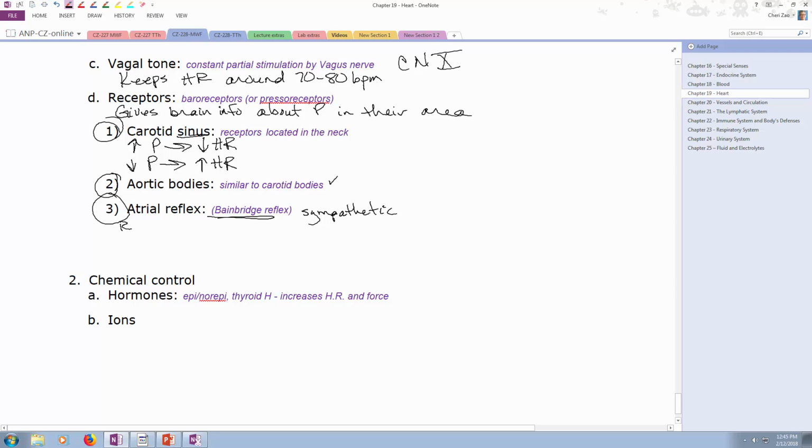Its receptors are located at entry points in the atria, so therefore the SVC and IVC. Increased pressure is equal to over-distension. We need to empty.